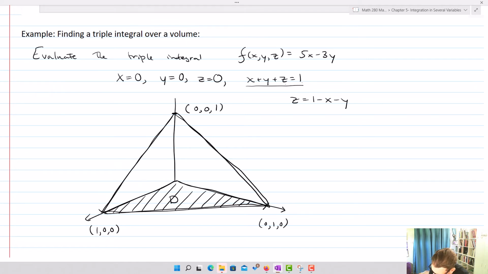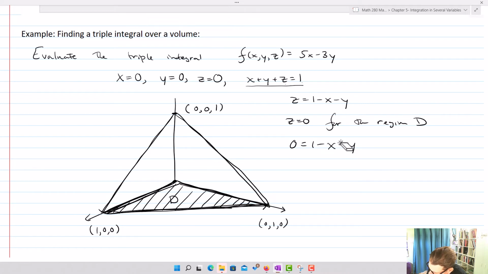What we can see here is that this region is going to be bounded by the line y equals 0, up to y equals whatever this value is right here. Notice that z equals 0 for the region D. Since z equals 0, we get 0 equals 1 minus x minus y.